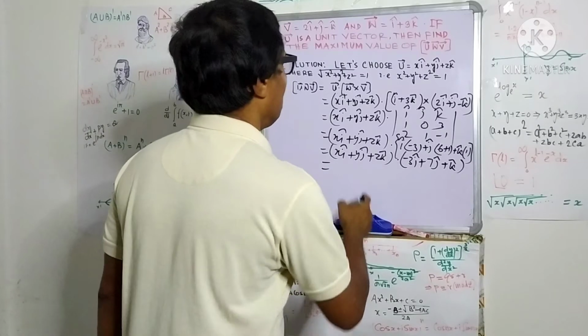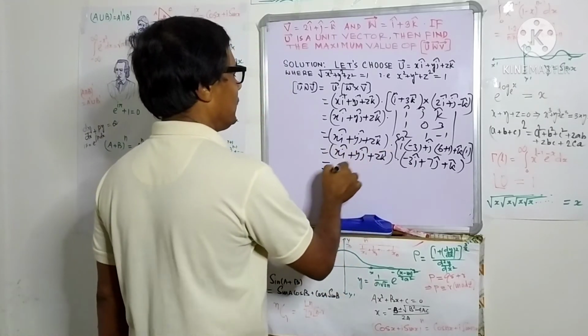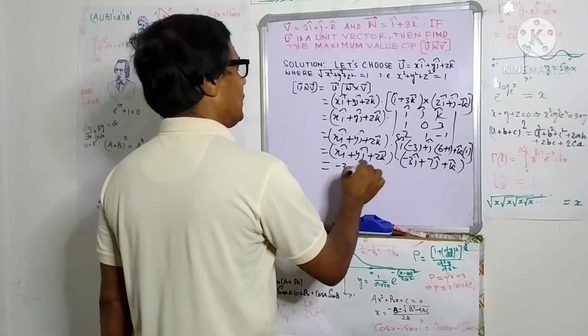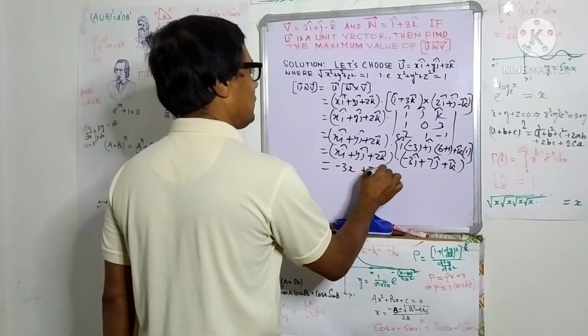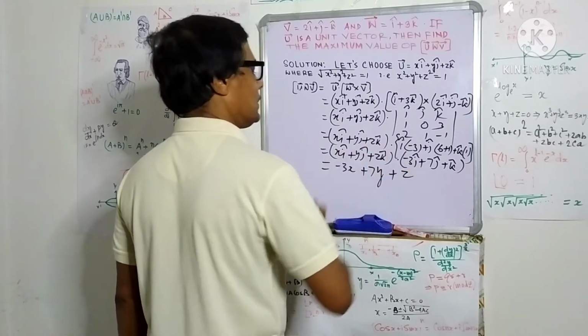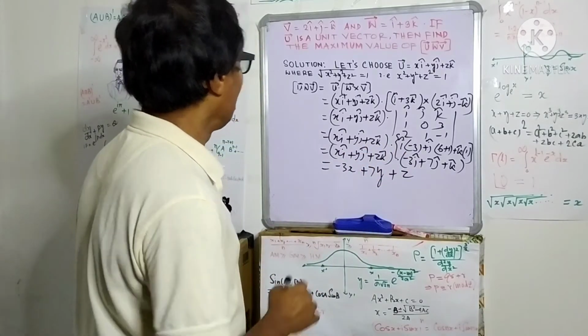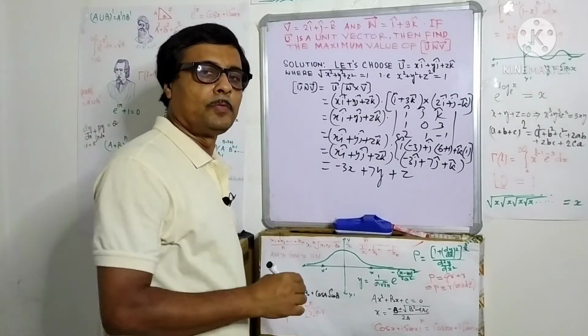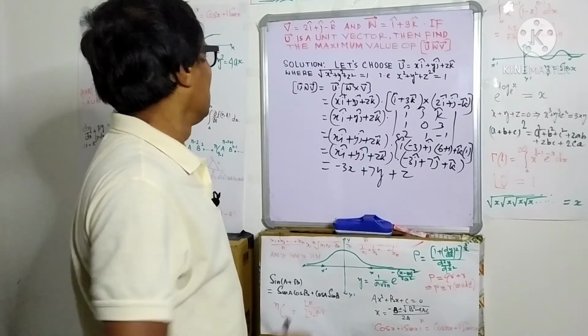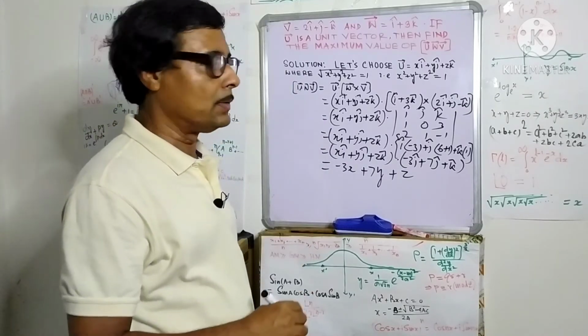Now we take the dot product. Taking the dot product, we get minus 3x plus 7y plus z. This is the value of the box product UWV. UWV are three vectors, where U is an arbitrary unit vector.